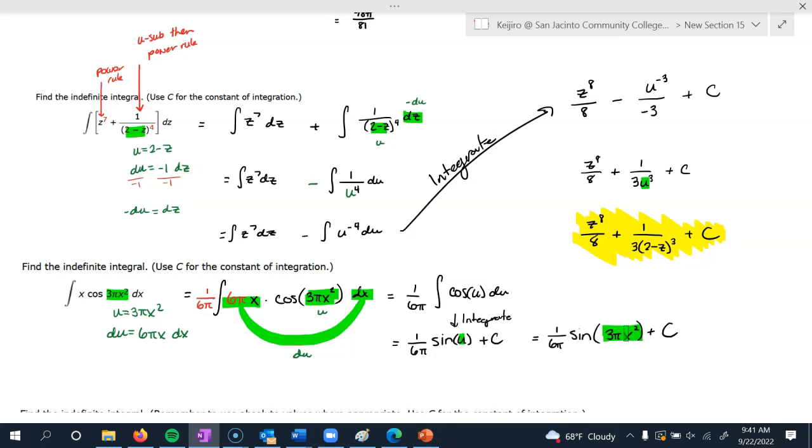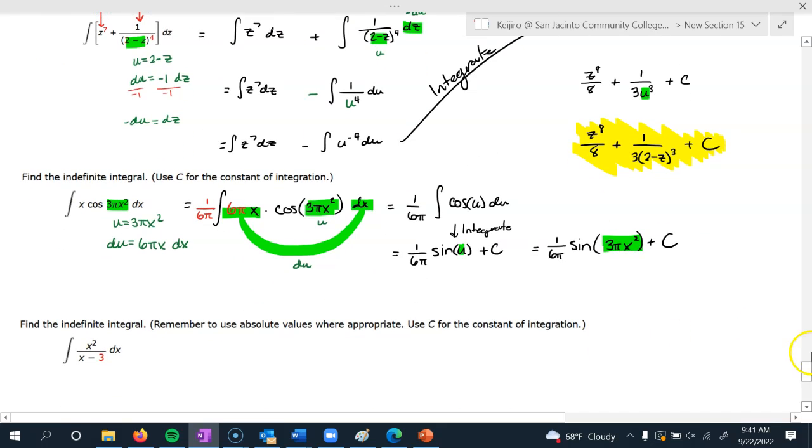But once you decide what your U should be, and then notice that you can get du as part of the integrand also, then the integral reduces to something relatively simple, which I guess is kind of the whole point of U substitution. So that you can look at cosine of U du instead of having to look at cosine of 3 pi x squared times 6 pi x dx.